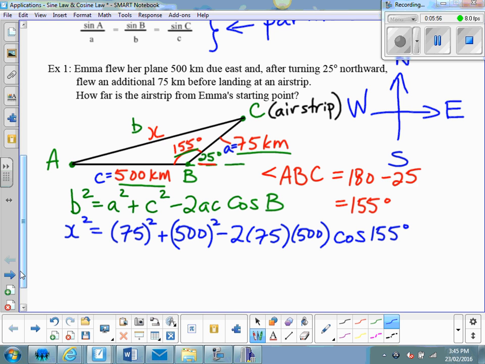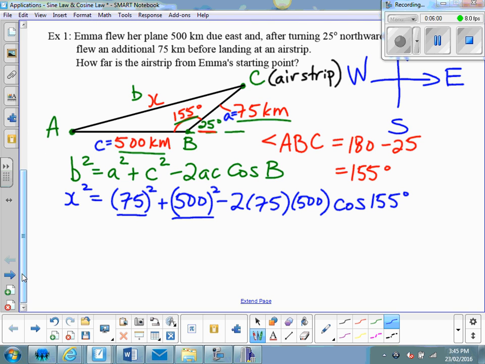When I've done these questions before, I haven't put those in brackets. I don't need to put the brackets around those. That's not going to change things. I'm just squaring each of those numbers. So my next line, when I square those numbers, that's going to be 5,625 plus 250,000.